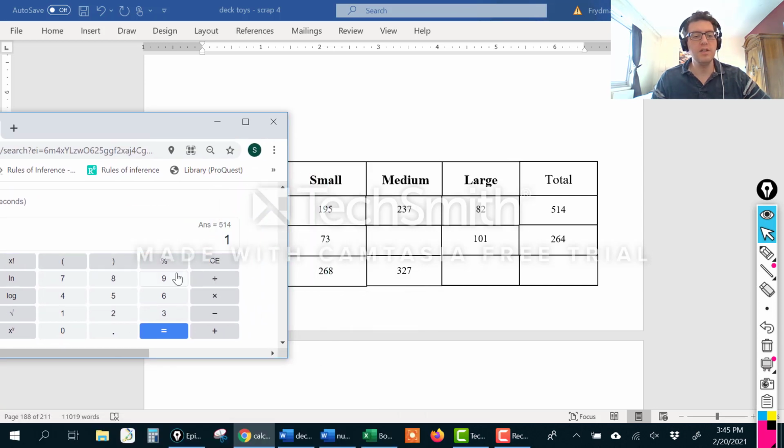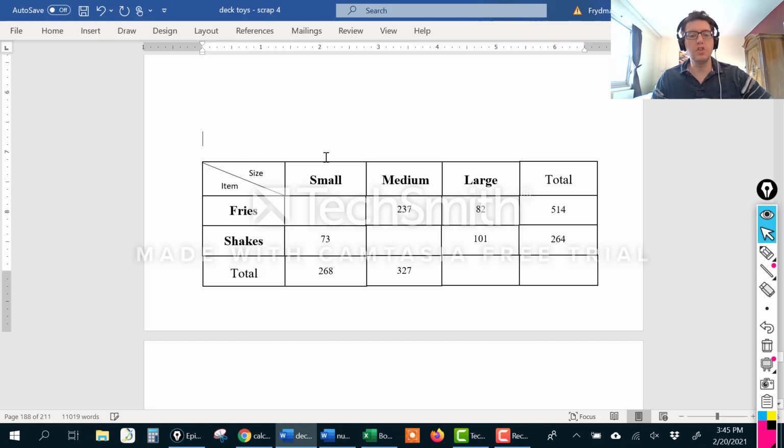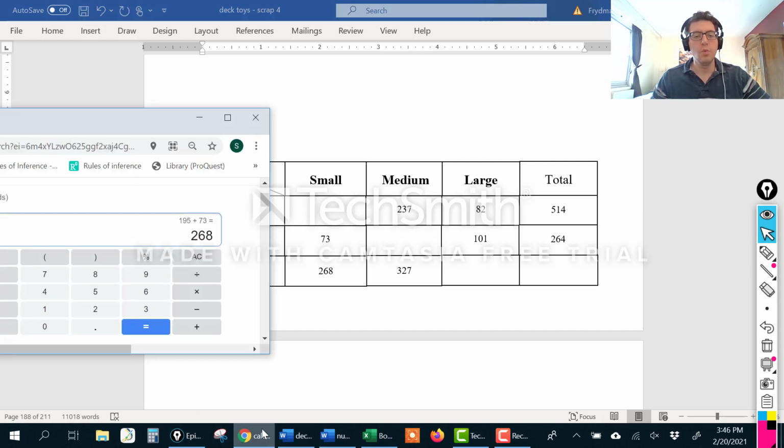So 195 plus 73 is equal to 268. Now another way that we could have figured that out is to do 268, which should be the total of this, and subtract 73. That would also give us the missing number. So 268 minus 73 would also be 195.